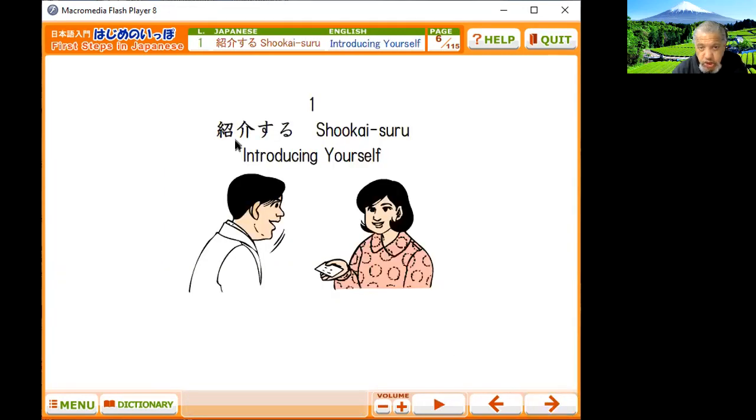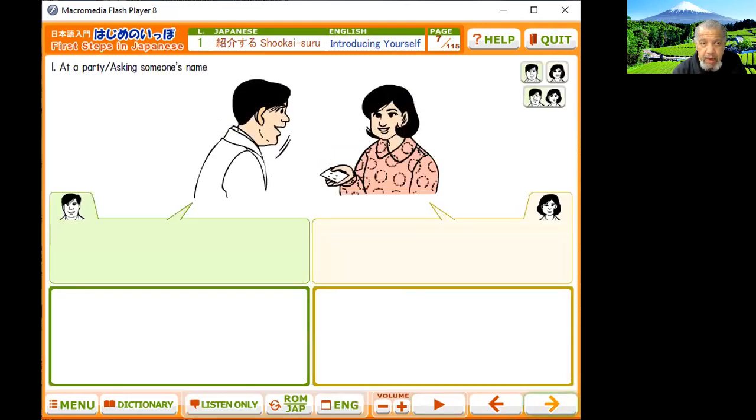Now, this is shokai suru. Shokai suru, introducing yourself. Let's go right to number 1. Lesson number 1. At a party or asking someone's name. What's your name? And she gives him her business card.